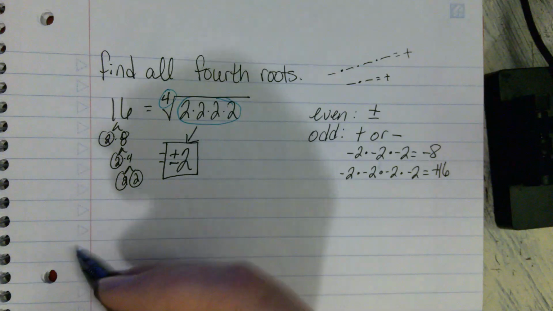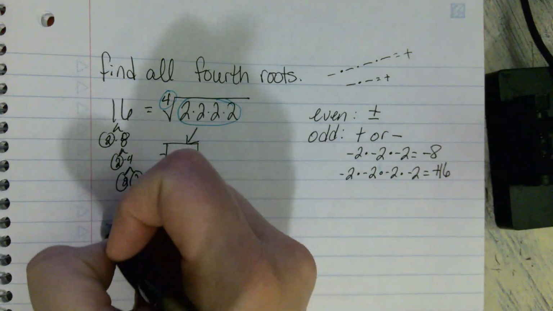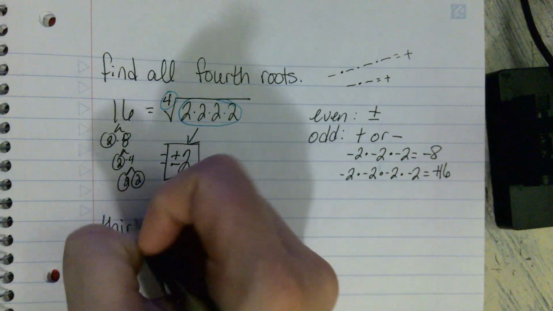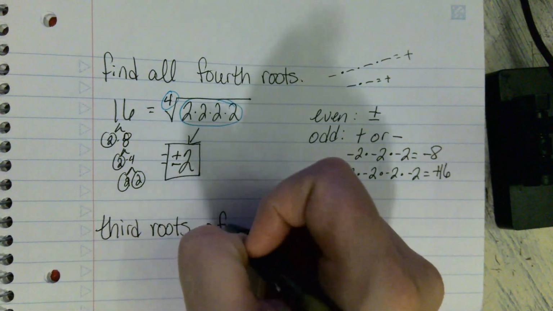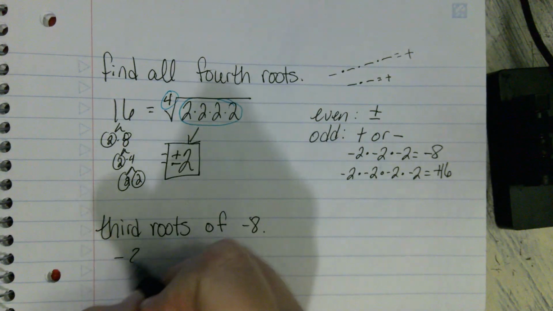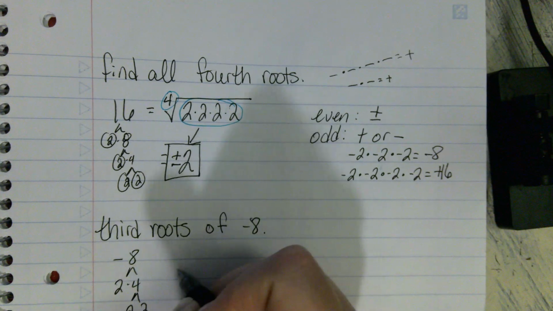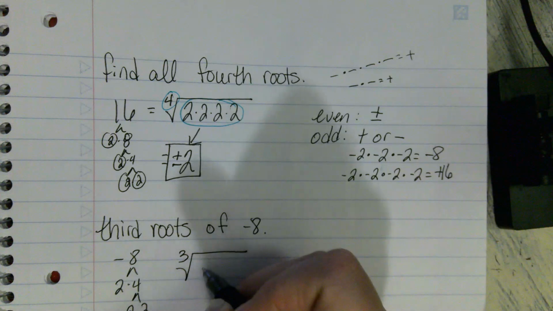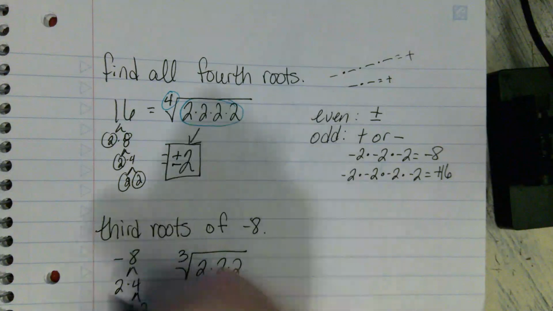So let's try this. What if we're asking for all the 3rd roots of negative 8? Okay, so I'm going to go ahead and factor it. 2 times 4, 2 times 2, but we're wanting third roots. So I know it's 2 times 2 times 2.